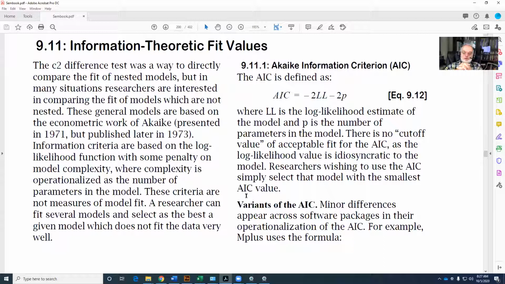And this is because the number that you're going to get out with an information criteria is unique to your study. It's going to change based on how many variables you have in the study and how many parameters. So if I do a small study with, say, only 4 or 5 variables, my AICs are going to be a lot different by definition than if I have 20 variables in my study.